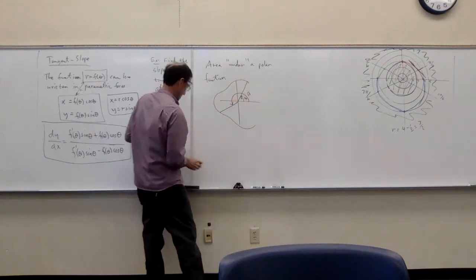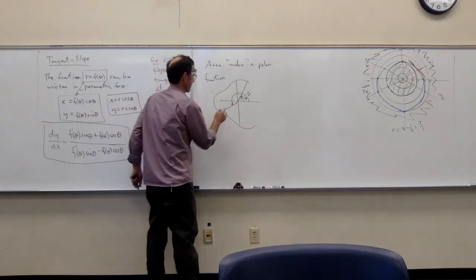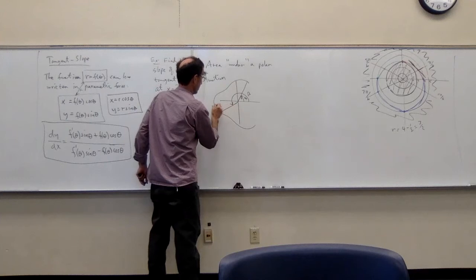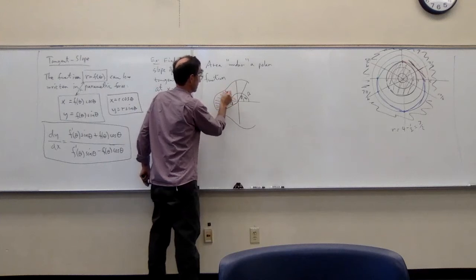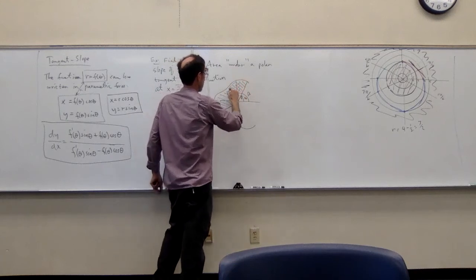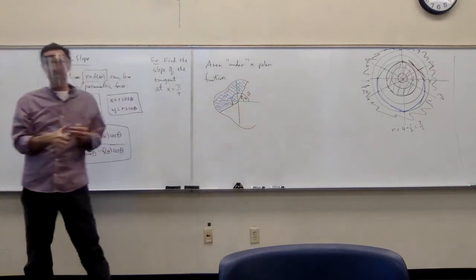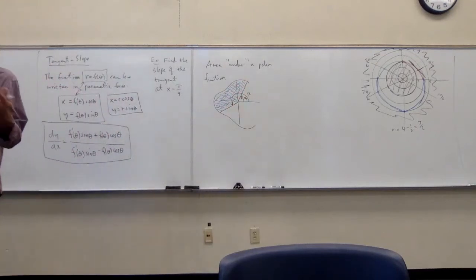So the area, I'll sketch in blue, solid. So "under" actually means between the function and the pole.